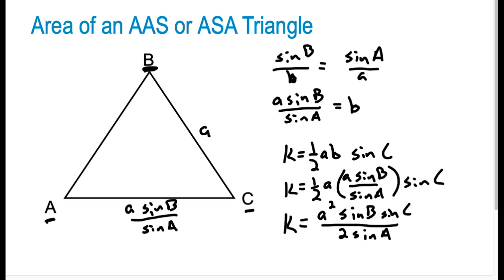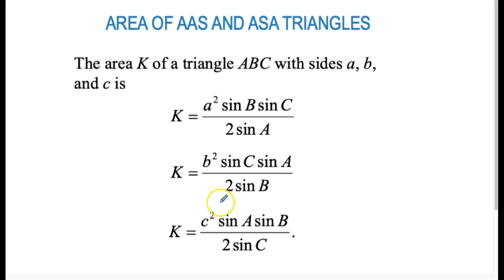Again, just like the first derivation, we could very similarly prove these two as well. So these are our formulas to find the area of an angle-angle-side or angle-side-angle triangle. So jot these down, and then we'll go through an example with numbers here.